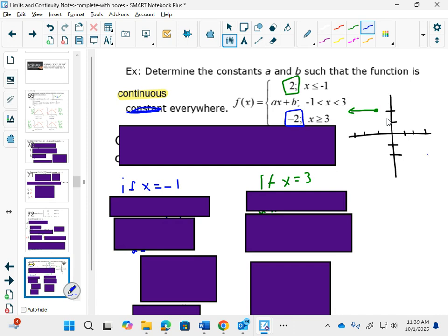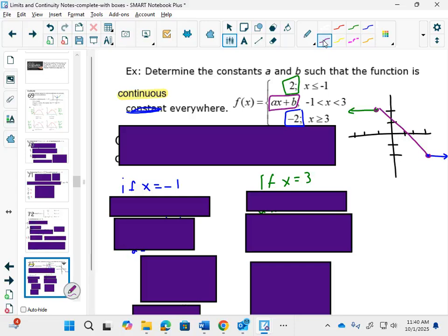So 1, 2, 3, I can put a dot there because it's equal to, and that's always this. The ax plus b, if I'm going to draw that in so that it's continuous, does it make sense that the open circle here would have to be right there and the open circle here would have to be right there? It'd have to go like that and join them perfectly.